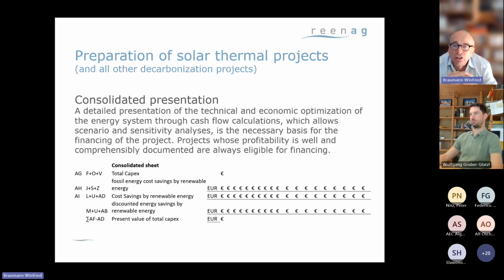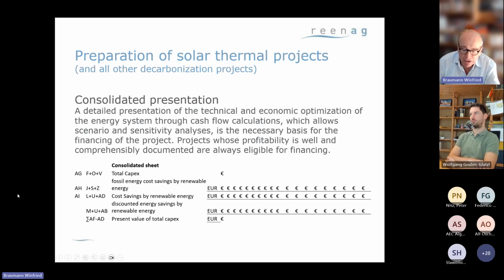Projects whose profitability and economic viability is well and comprehensively documented should be eligible also for financing, and experience shows that financial experts who have been convinced of the profitability of a project also will find ways to finance such projects.